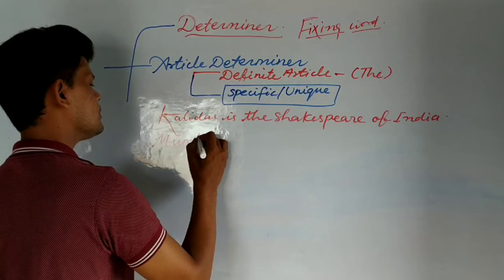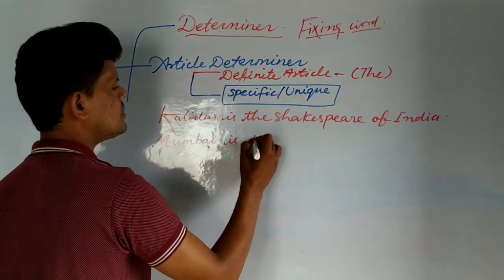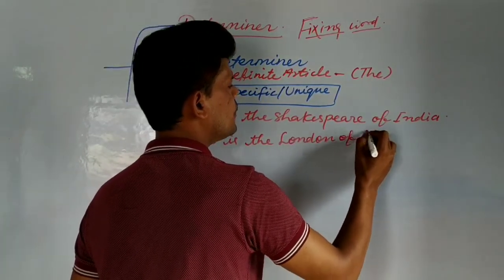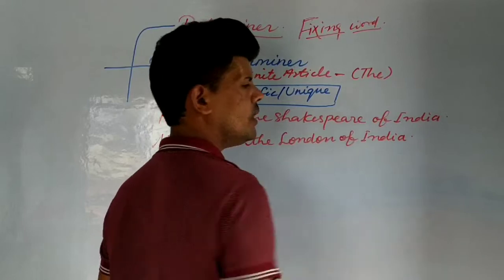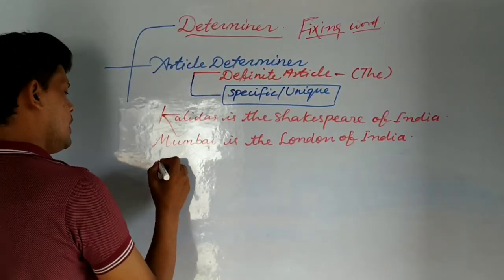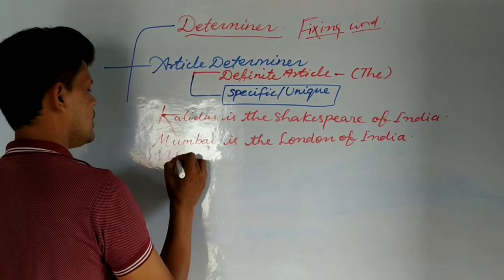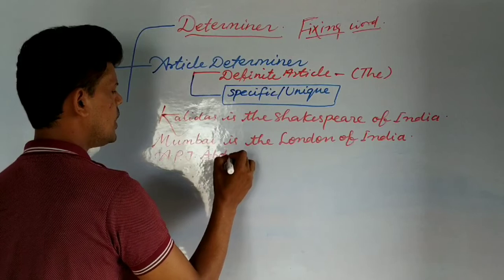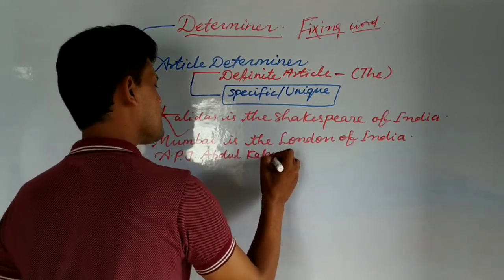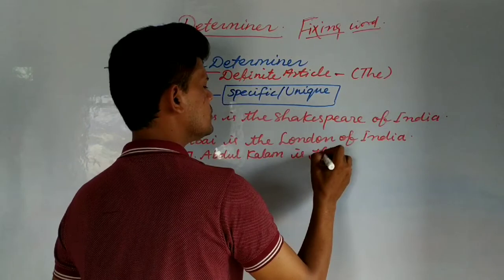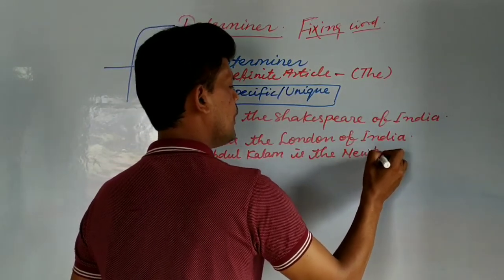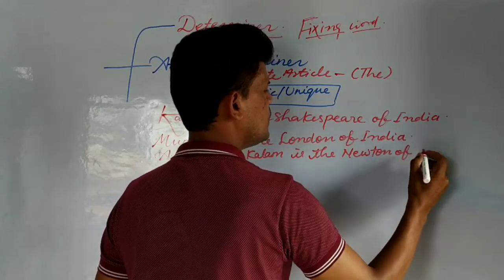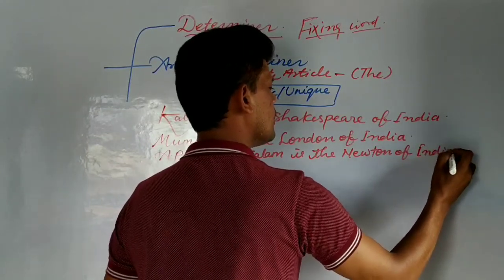Mumbai is the London of India. Dr. APJ Abdul Kalam is the Newton of India.